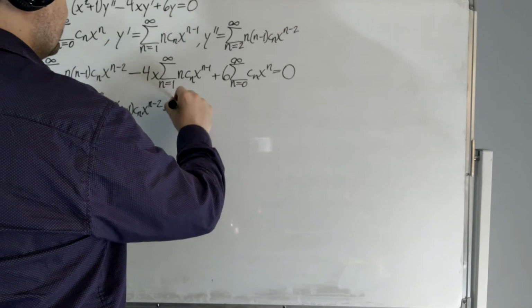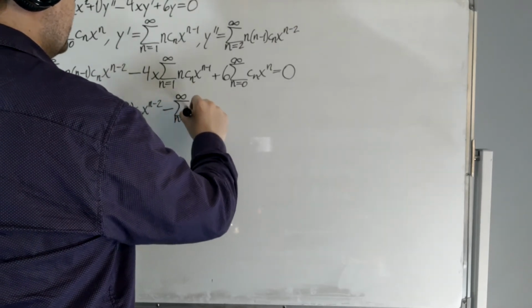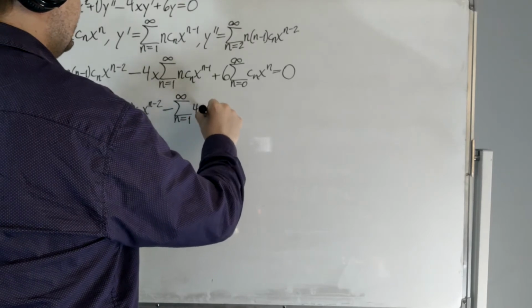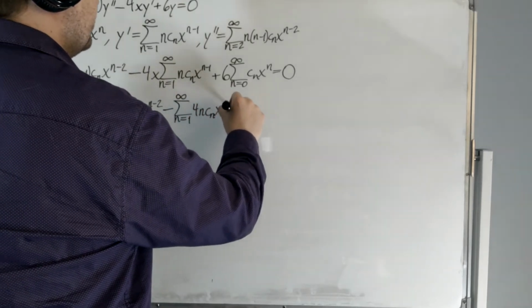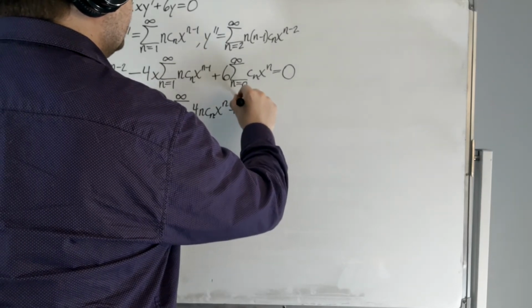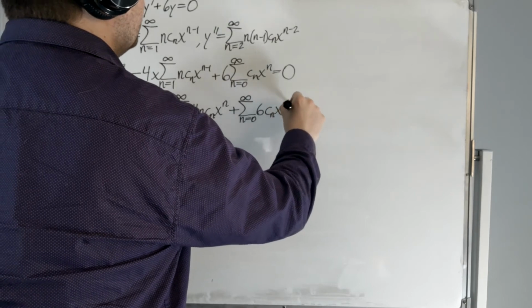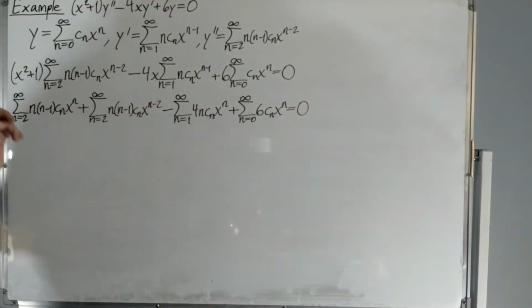Then minus the sum from n equals 1 to infinity of 4n c_n x to the n. Then add the sum from n equals 0 to infinity of 6 c_n x to the n. And this is equal to 0.